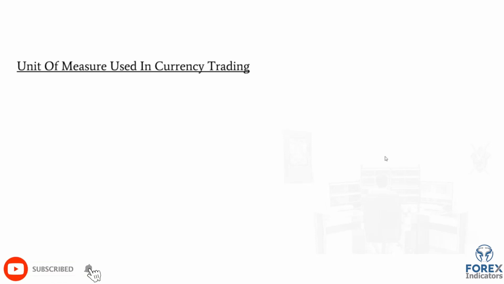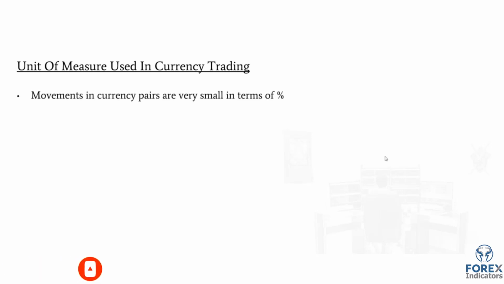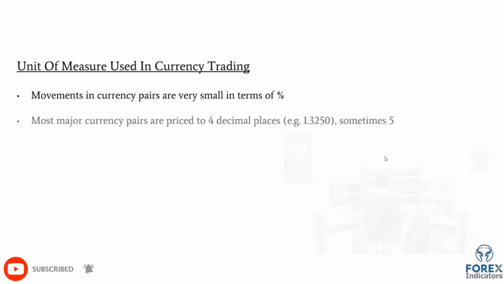But movements in currency pairs are often very small in terms of percentage. So a particular currency can move up and down in a day, for example, 0.001%. So it's not really effective to talk about the movements in currency pairs in terms of percentage.